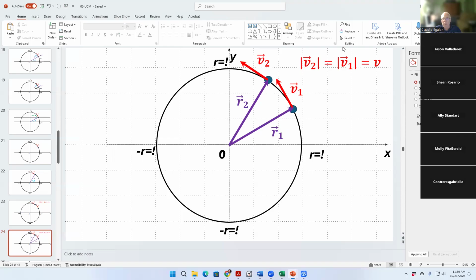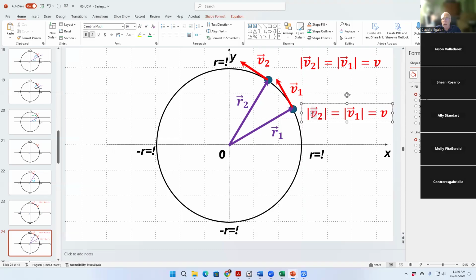Just like before, this relationship also holds for the vector positions R2 and R1. R2 is equal to R1, right? The magnitude, just the magnitude, which is equal to our length R. And I'm gonna put it in a different color.